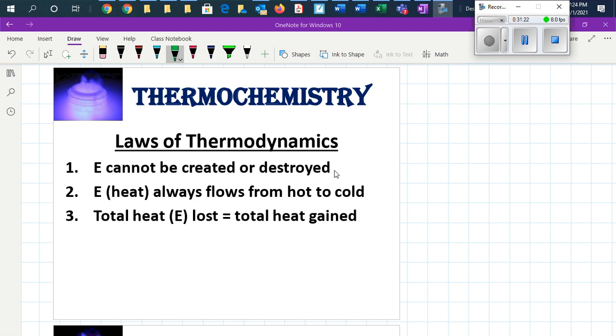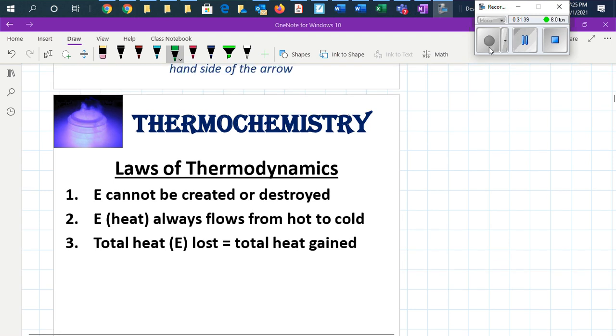And the other one, which we will use a lot, especially with the calorimeter, is that total heat loss, total energy loss, is equal to the energy gain, or heat loss is equal to heat gain.